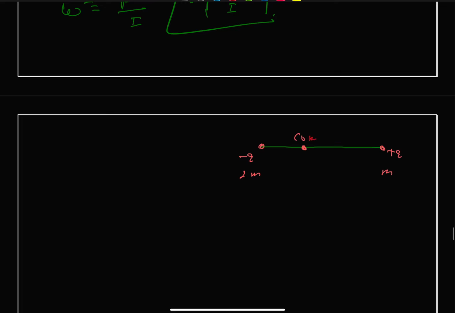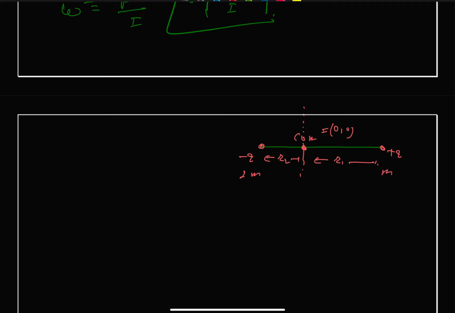Let us call this distance R2 and this distance R1. For the sake of convenience, let us call this point our origin, having coordinates 0, 0.